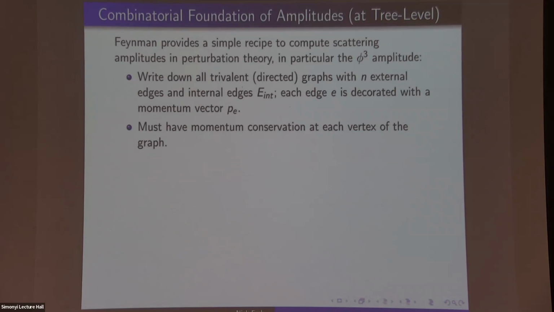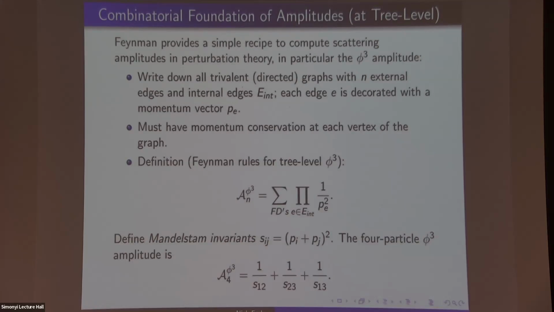So Feynman gave us a simple recipe to compute scattering amplitudes in perturbation theory. In particular, one of the simplest theories, the cubic scalar amplitude. The recipe is you write down all trivalent directed graphs with n external edges and internal edges, say labeled E_int. Then each edge E is decorated with a momentum vector. You must have momentum conservation at each vertex. Feynman rules say the following.